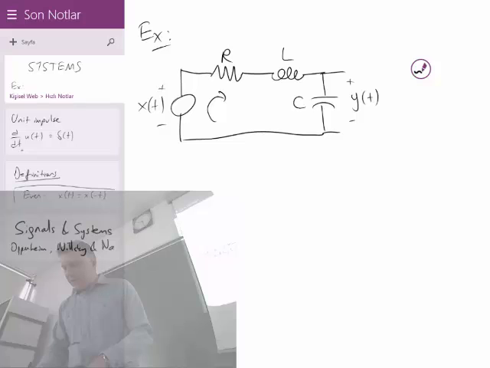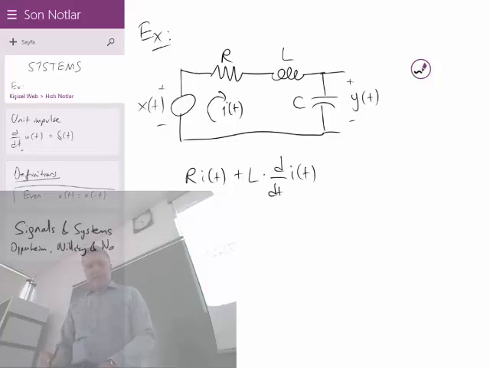Let's think of a current flow I of t in this direction, and then we can write R times I of t plus L times the time derivative of I of t, plus y of t, which is our output, must be equal to the input, x of t.